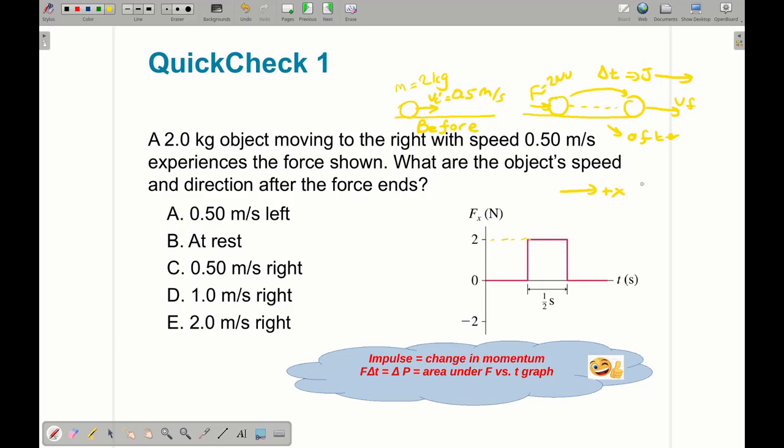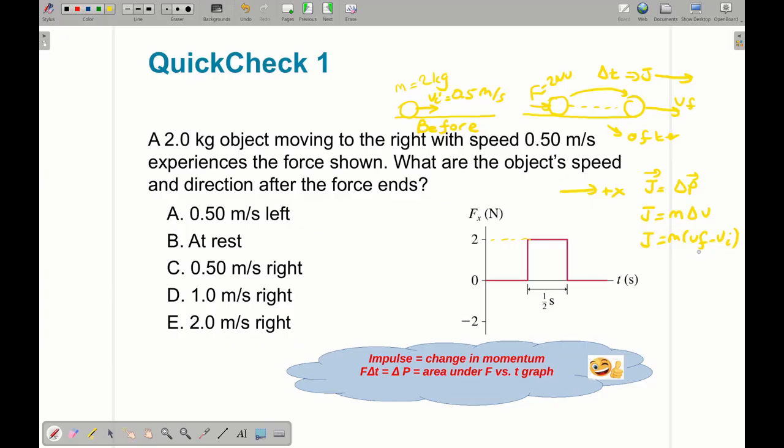Now I know this equation, J is equal to delta p. There's an easy approach here, and I'm going to show it to you folks. Delta p can be expressed as m delta v, that will be mass times v final minus v initial. Knowing v initial, we can find v final. We can directly go with this algebraic equation.